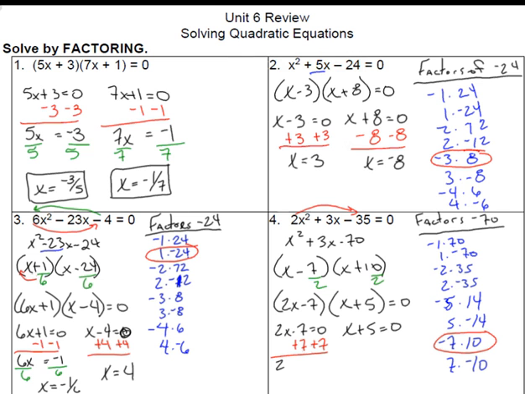So I have 2x is equal to 7. I divide both by 2. And I find that x is equal to 7 halves. The one on the right, I subtract 5 from both sides. And I see that x is equal to negative 5.